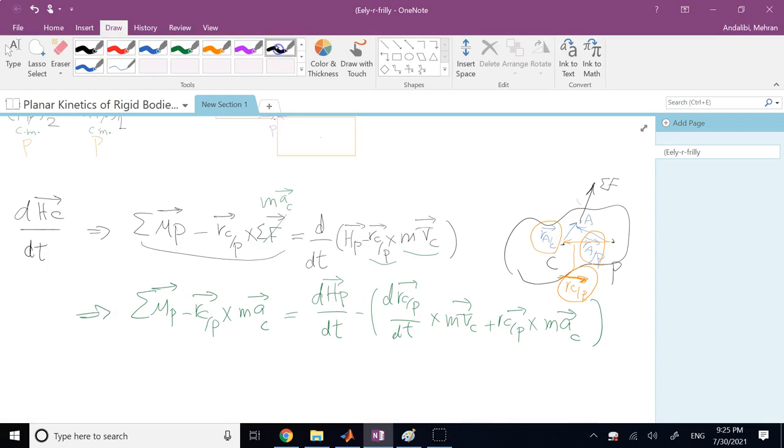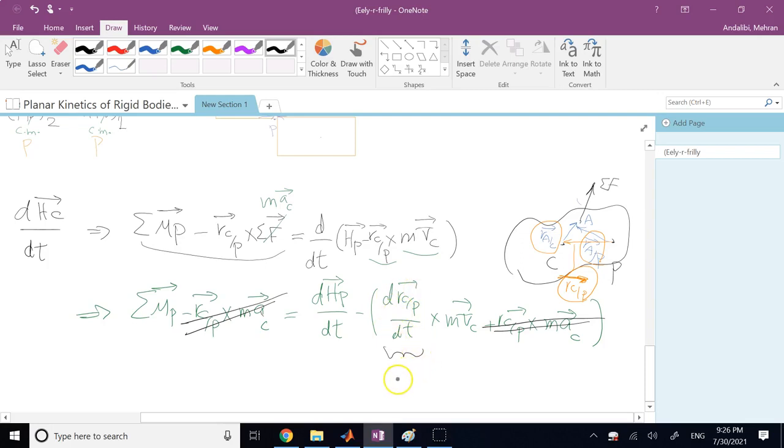And if you look here, there is a common term, one that is here and one that is here, so you can get rid of them. The question is, what is d of R of C with respect to P over time? That's a vector attached, or it's a part of the rigid body, and the rigid body is rotating with omega.